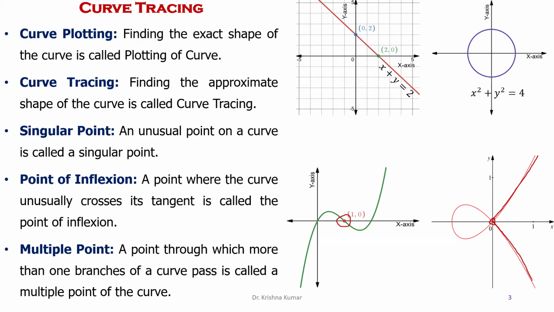Two branches of curve pass through. So such type of point is called multiple point. And if it has more than two, suppose three branches, four branches, five branches, and so on, that is called multiple point. Since here there are only two branches of the curve, this point is called double point.